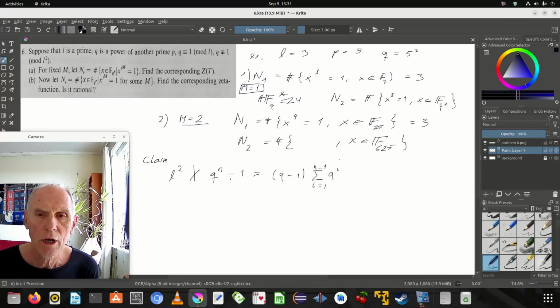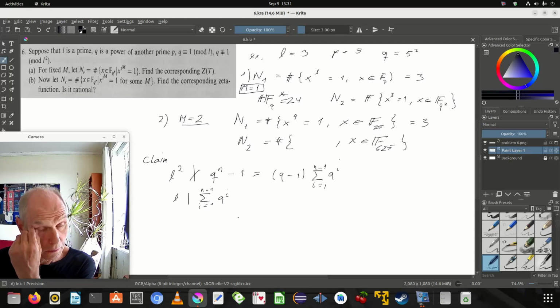Well, leave it. Of course, L divides this exactly 1 time. So the condition is, does L divide this sum? Well, they are all equivalent to 1 modulo L.